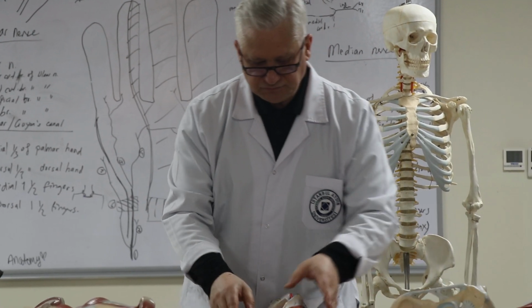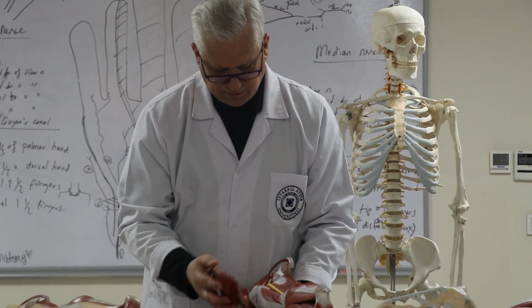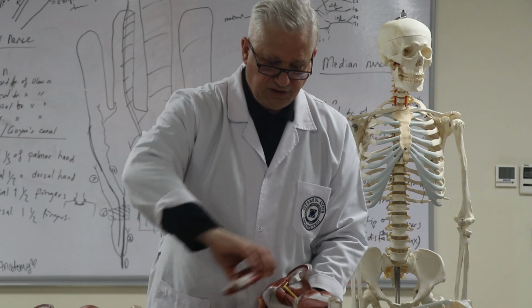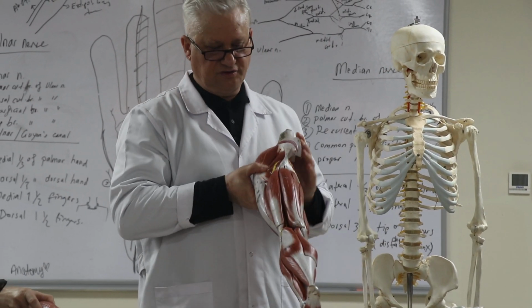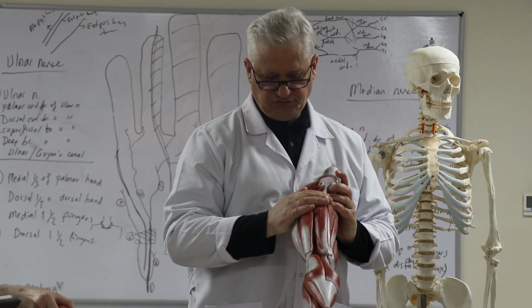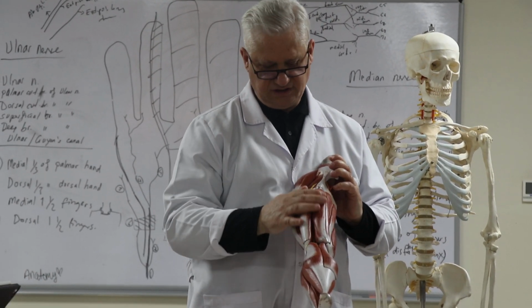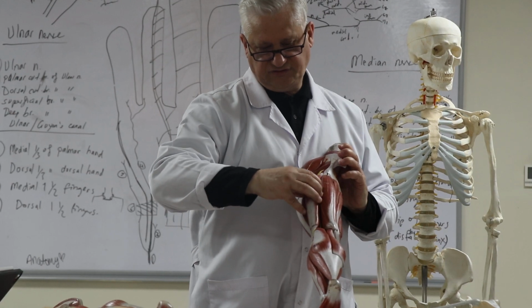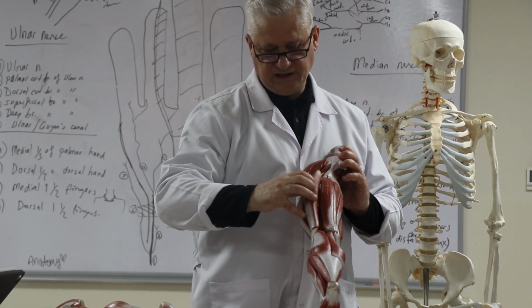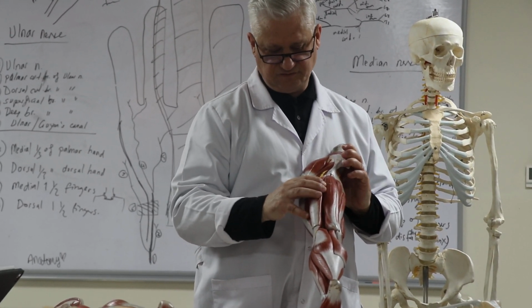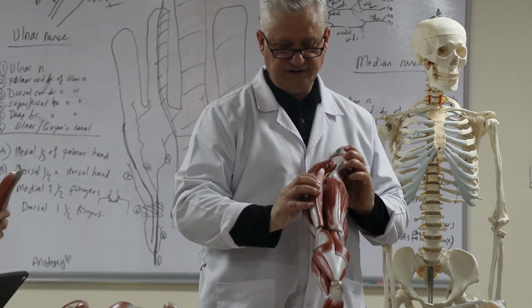Let's look at the posterior thigh. Okay, this is the posterior thigh. So the posterior thigh is formed by the hamstring muscles, right? Laterally, so this is the lateral, as you can see, is the biceps femoris. Biceps femoris has two heads, right?